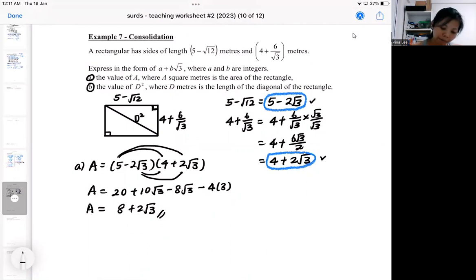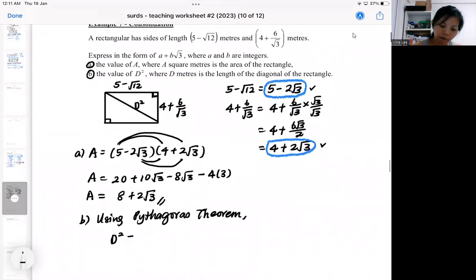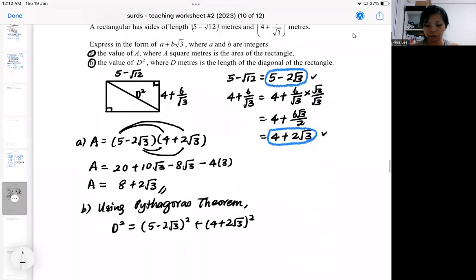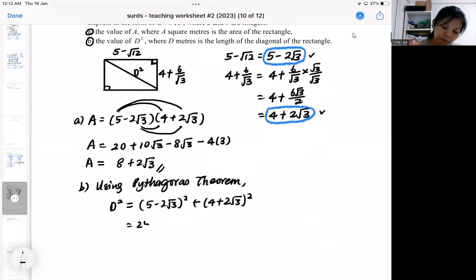So I'm going to apply my Pythagoras theorem. Our job is to get d squared, so we don't have to take square root. d squared is equal to 5 minus 2 root 3 squared plus 4 plus 2 root 3 squared. It's more like a simplification. You just make sure your squaring is correct.